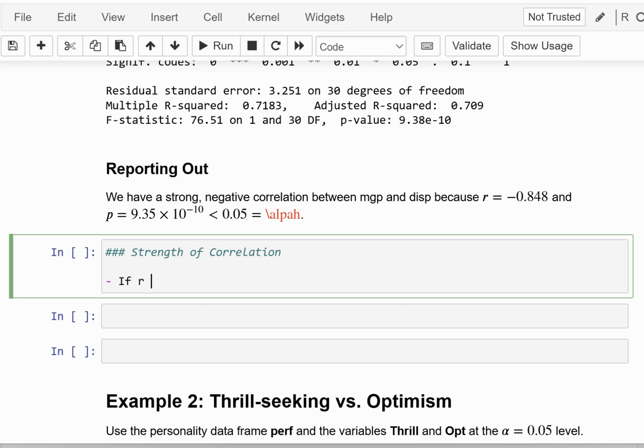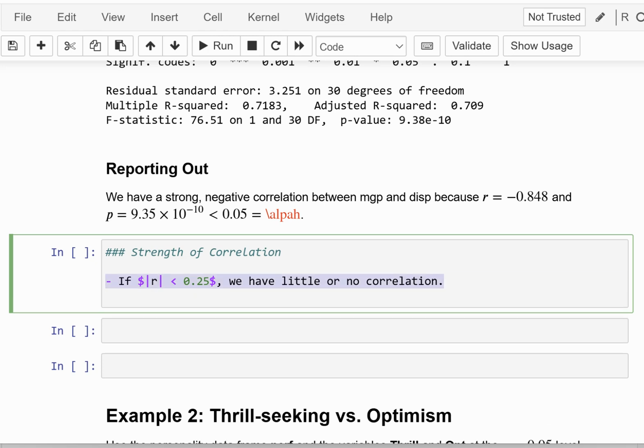if R is less than 0.25, and let me do absolute value, okay? So absolute value of R is less than 0.25. We have little or no correlation. And I'm going to move up if the absolute value of R is between 0.25. So let's see, that's going to be LEQ for less than or equal to up to 0.50.